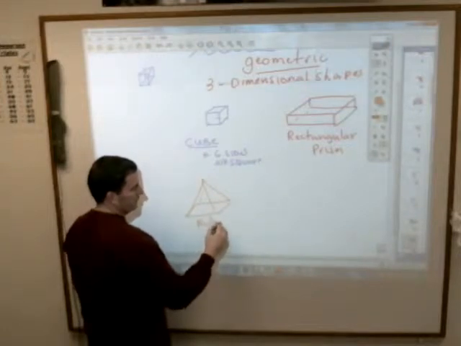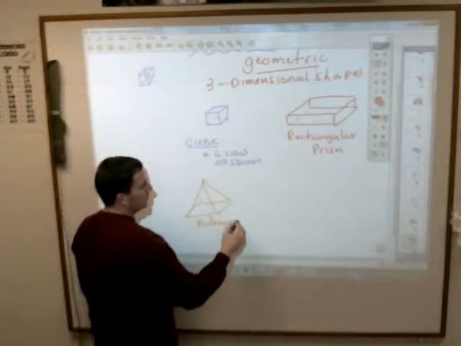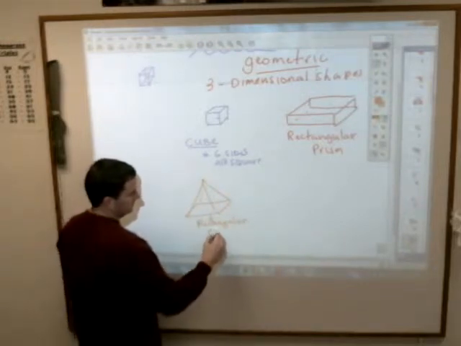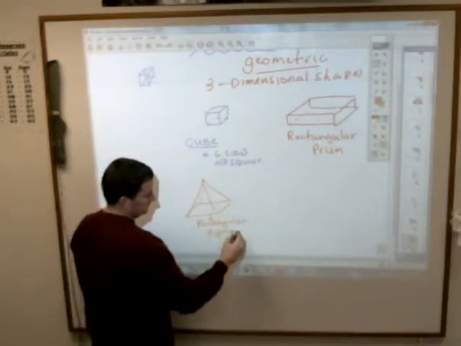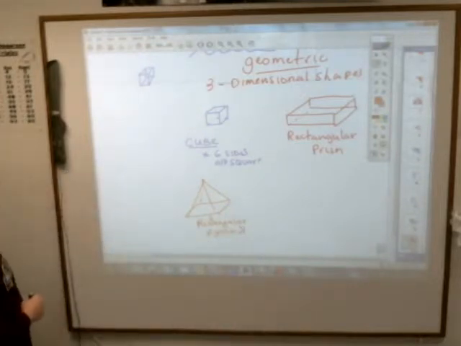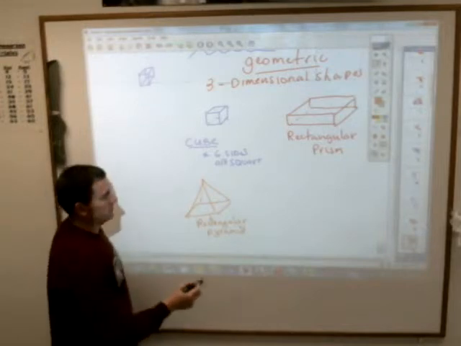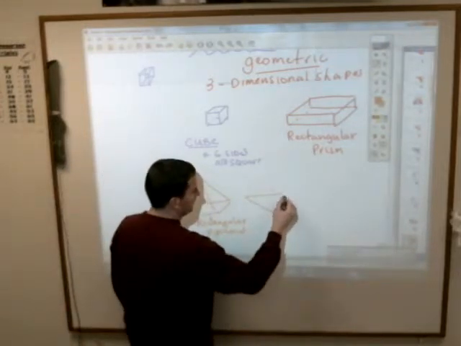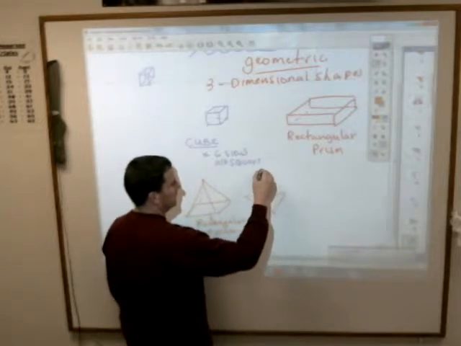is a rectangle. Rectangular pyramid. Okay. You could have a triangular pyramid just as well by starting with a triangle on the bottom and doing the same thing with the little dots up there.